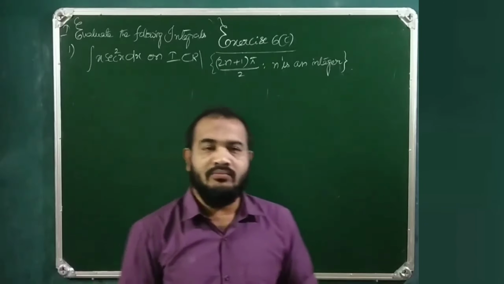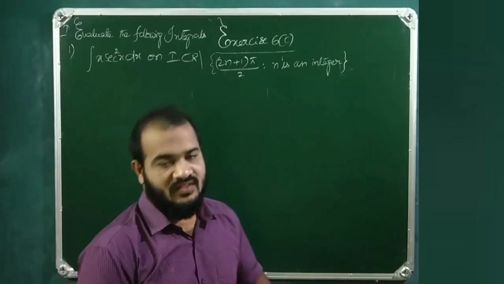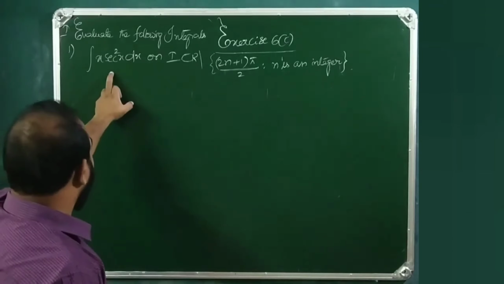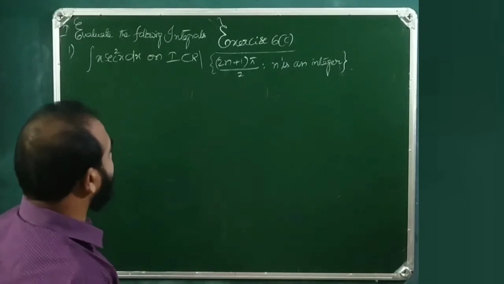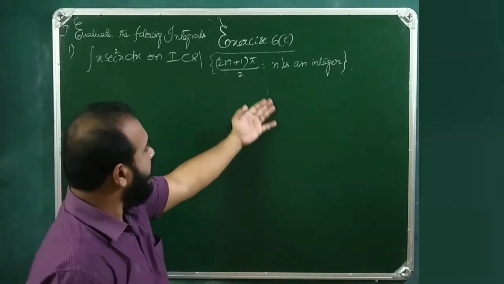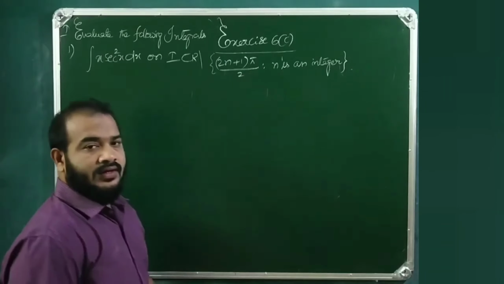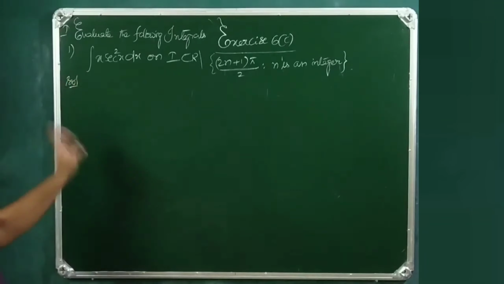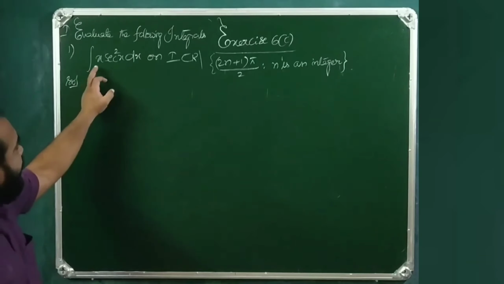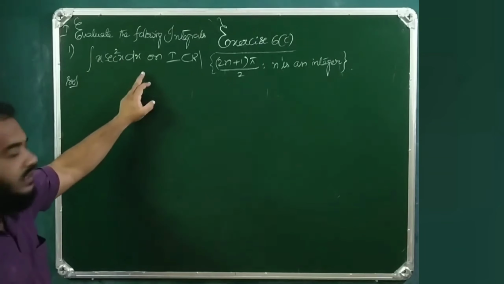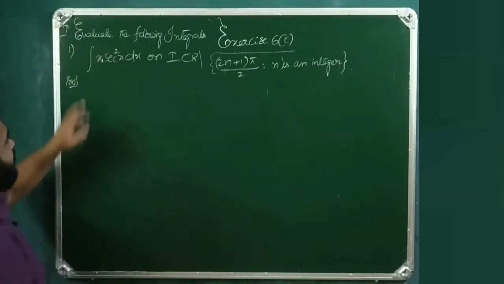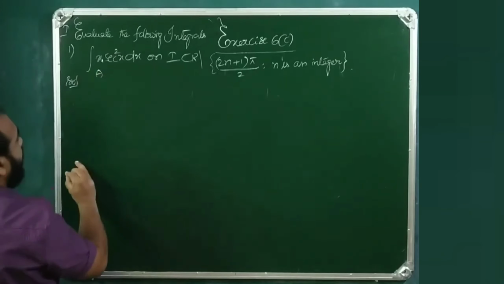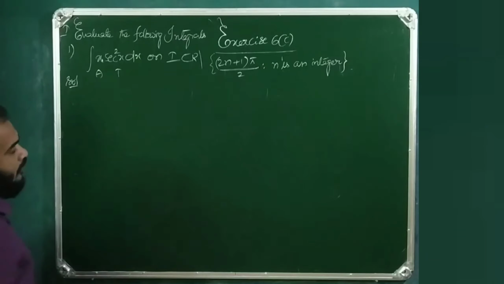Now let us work out some problems from exercise 6c. Evaluate the following integrals: integral x secant square x dx on I, a subset of R, such that I excludes (2n plus 1) into pi by 2 where n is an integer. Here you can clearly see that this integral contains the product of two functions: x, which is the algebraic function, and secant square x, which is the trigonometric function.